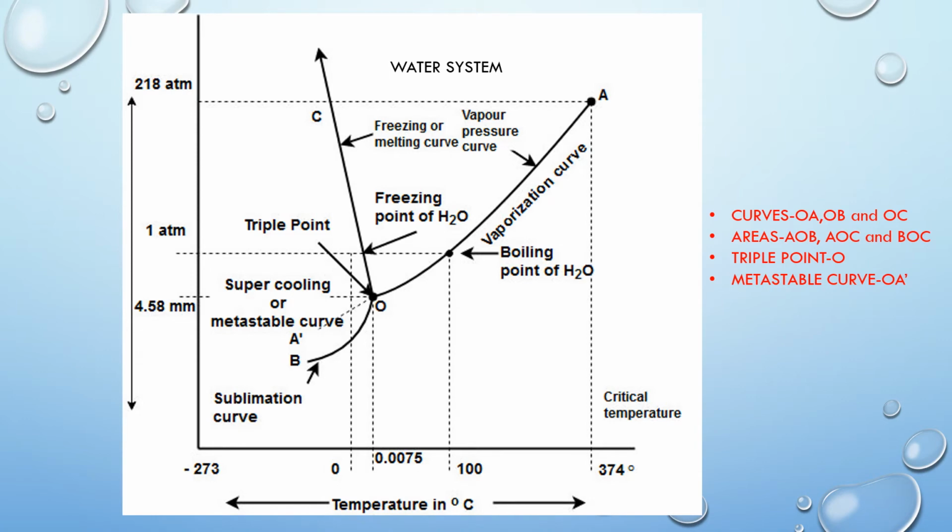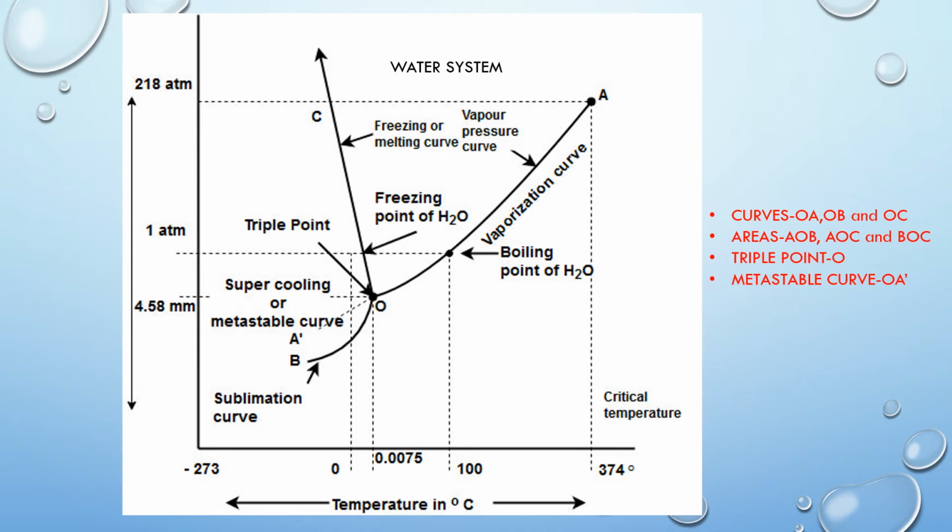The phase diagram for the water system is shown in this figure. It has four curves, that is OA vaporization curve, OB sublimation curve, OC freezing point or melting point curve, and OA dash is the metastable curve.